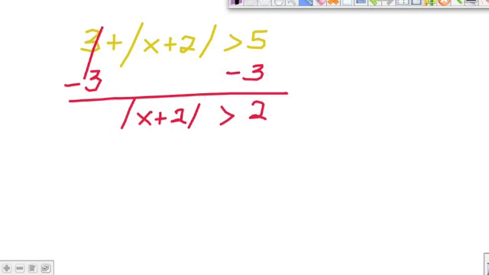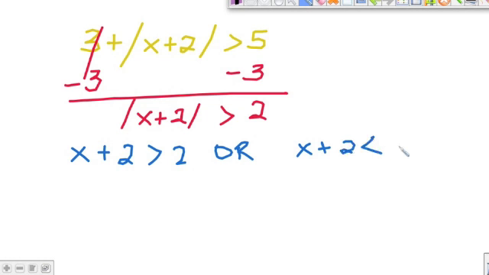All right, let's put our two options down. The first option they gave us, so we'll go ahead and keep that, x plus 2 greater than 2, and in this case, or x plus 2 less than negative 2. Again, taking the inverse here of that positive 2.